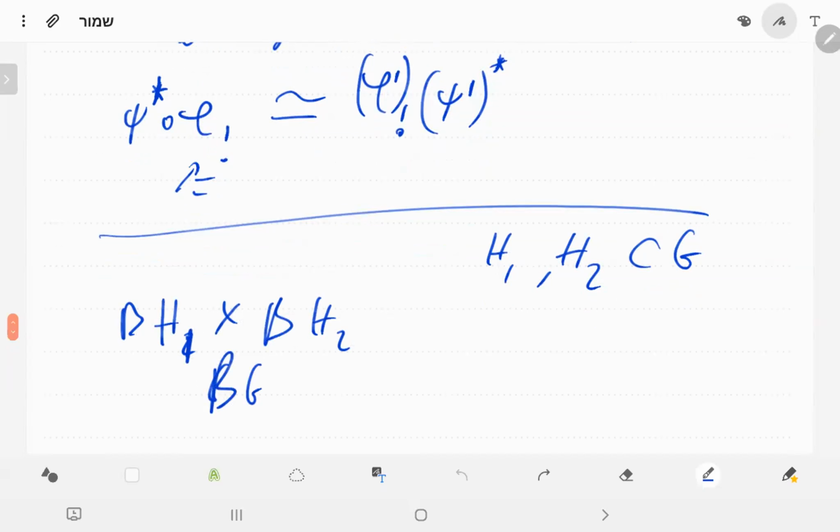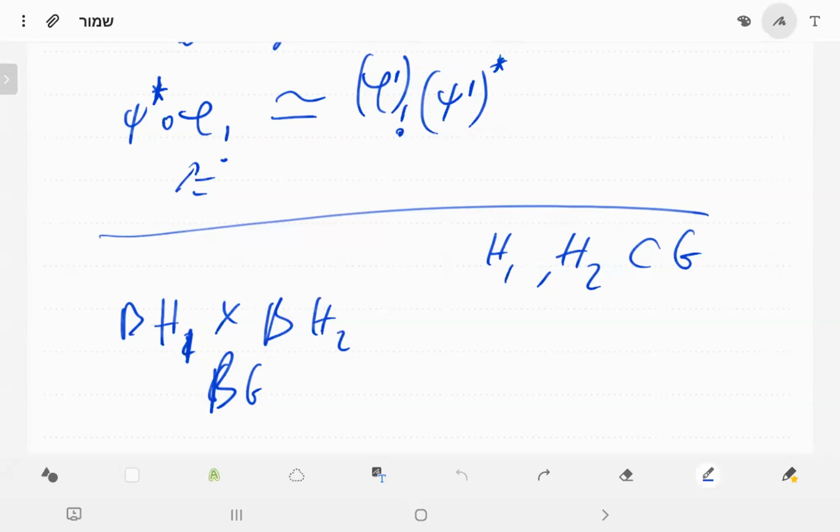And here you leave the world of groups. Even though we started with groups, H1 and H2 are groups, and G is a group, you think about these groups as groupoids, but then when you take the fiber product, you get a groupoid which is not a group anymore, which is not connected. It has non-trivial π0. So of course you can describe it in terms of groups, but then the description is going to be ugly. And the description in terms of groupoids will be very natural.